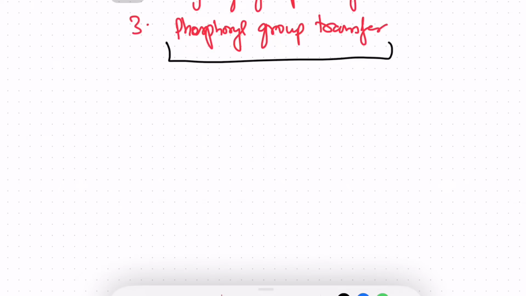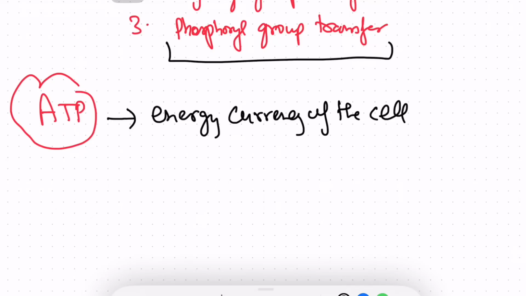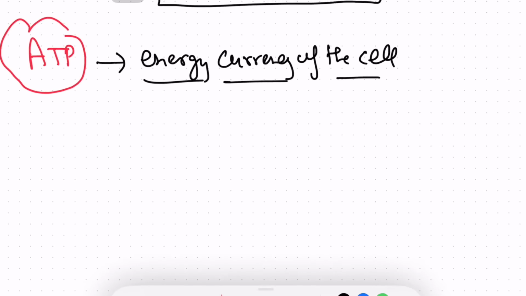Now, you must know about ATP. ATP is known as the energy currency of the cell. Now try to see here. In the case of ATP, let us draw the structure of ATP.